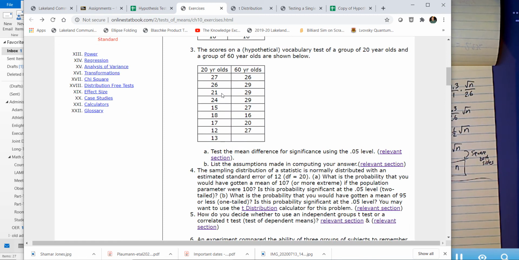So we have this chart, right? So maybe over on the side I should have my 20-year-olds and my 60-year-olds. Okay, and I could start listing those out. And of course, we have technology, we'd like to use it.